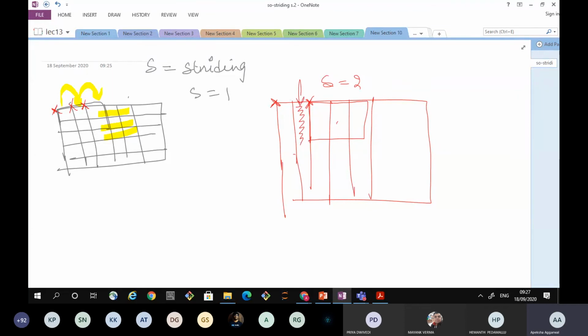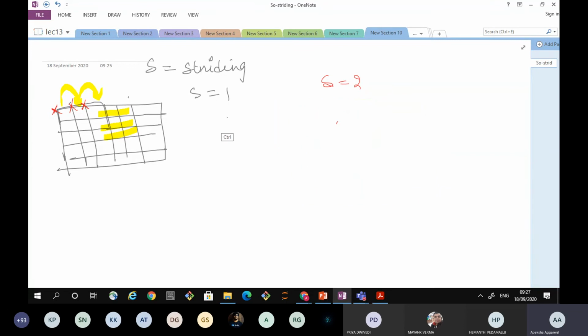So s equal to 2 means I'm moving 2 pixels to the right. So that is s. Now it's clear, I hope. Yes, ma'am, it's clear.